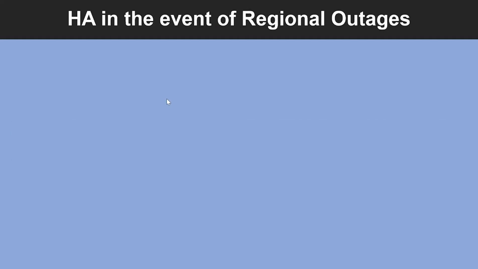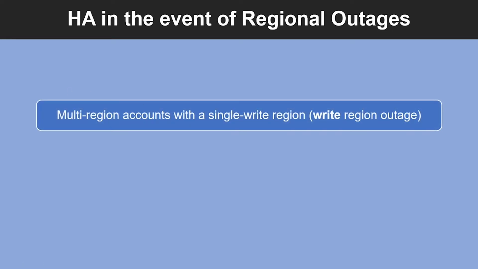Now let's look into high availability with Cosmos DB in the event of regional outages. First is multi-region accounts with a single write region, which is a write region outage. During a write region outage, the Cosmos account will automatically promote a secondary region to be the new primary write region when enable automatic failover is configured on the Azure Cosmos account.